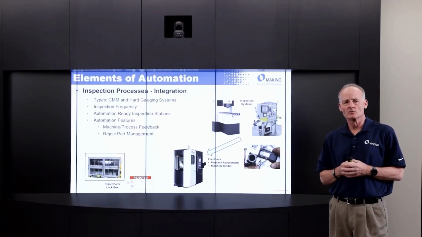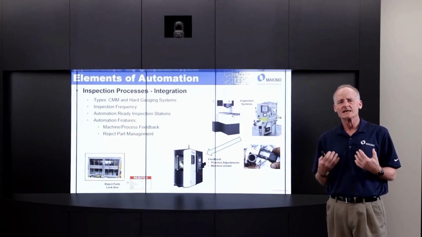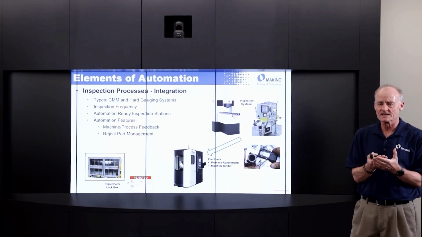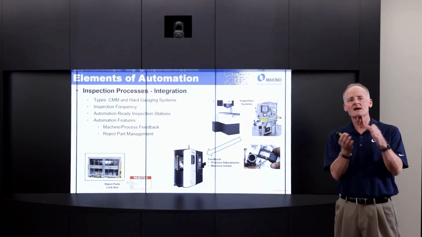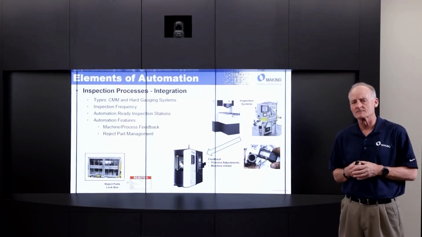And then the management of your reject parts. So you will be producing parts that come off the machine not within spec, not completely machined, and we classify that as a rejected part. So you want to have a way to quarantine them. Maybe you want to put them in a lock box of some type.